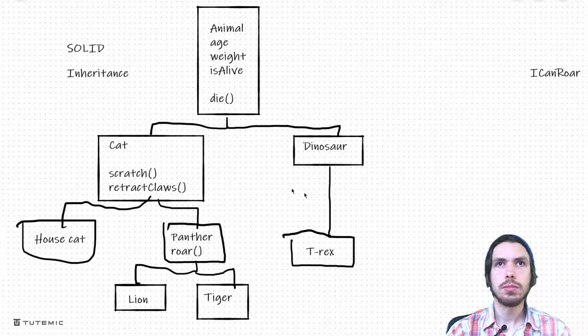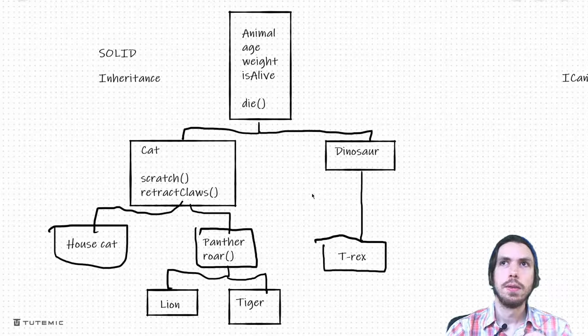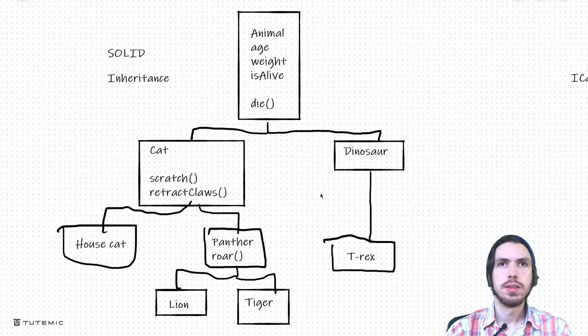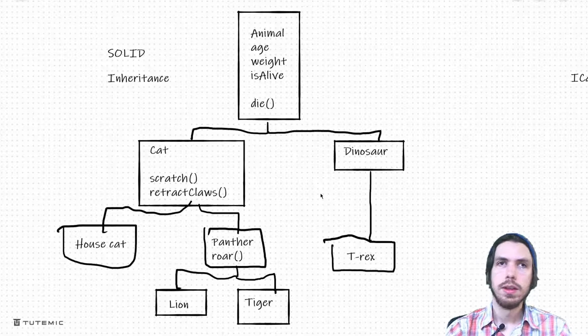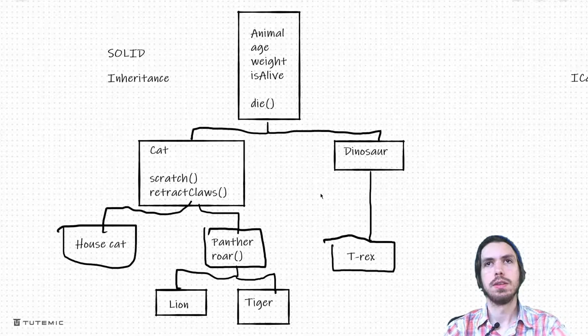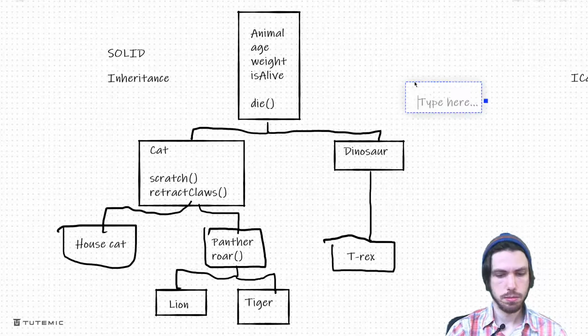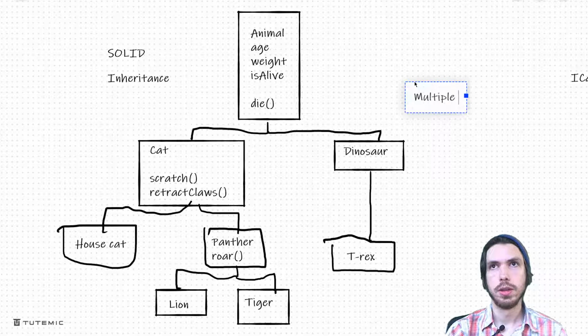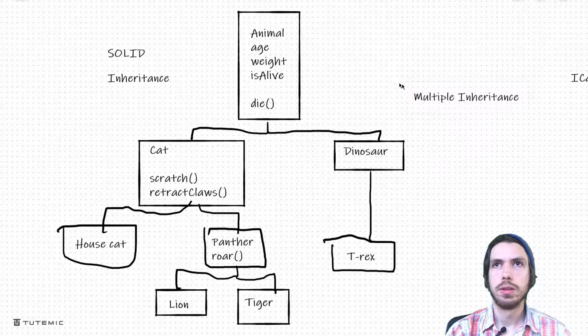Neat. So instead, someone thought, okay, here's how we solve all of these types of problems. We are going to create what is called multiple inheritance. Some of you may have heard of multiple inheritance.